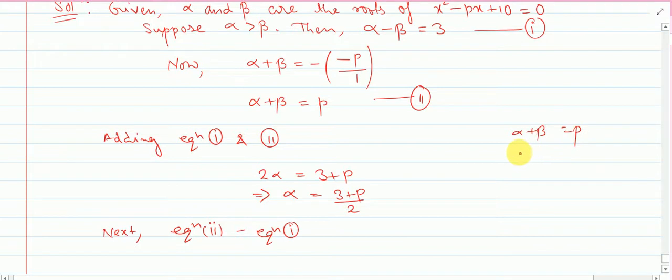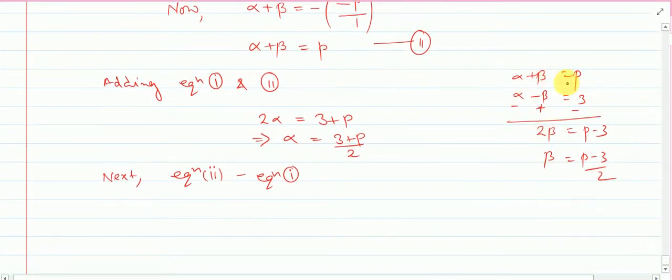This is equation 2 and equation 1 will be this. So you're subtracting actually. So this will become minus, this will become plus, and this will become minus. So you get 2 beta is equal to p minus 3. So beta will be equal to (p minus 3) by 2. This one was done in rough. Straight I can write now that we will get 2 beta is equal to p minus 3. So beta will be (p minus 3) by 2.